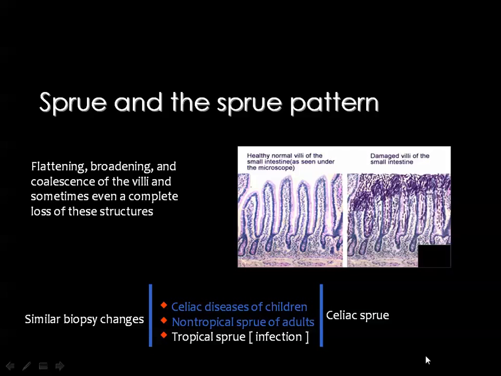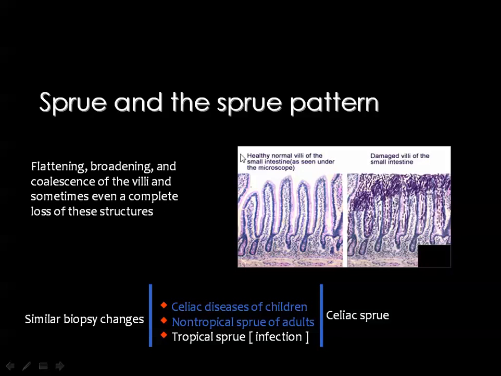And we have to say that sprue is known previously as the original description of the malabsorption syndrome. The sprue pattern is what is seen through the mucosal biopsy of the small bowel, including flattening, broadening, and the coalescence of the villi, and sometimes complete loss of these structures.